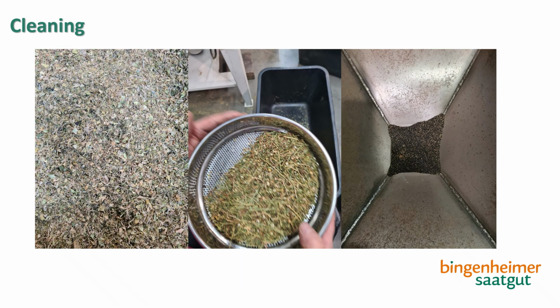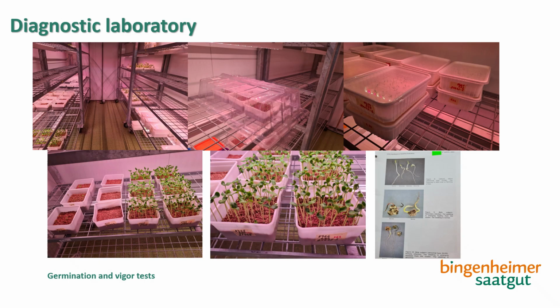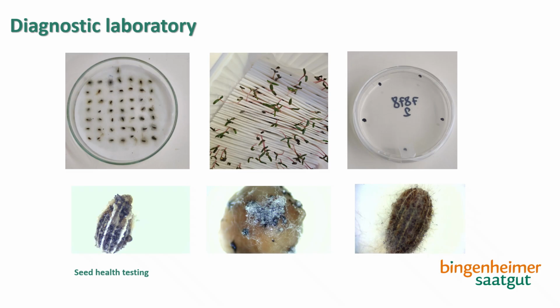After the seed is cleaned, a sample of the clean seeds comes to the diagnostic laboratory, where we do germination and Vigor tests. This is shown here in our plant growth chambers, and also part of the seeds comes to the seed health testing unit, where we test for fungal pathogens on the seeds using different protocols based on the ISTA protocols.